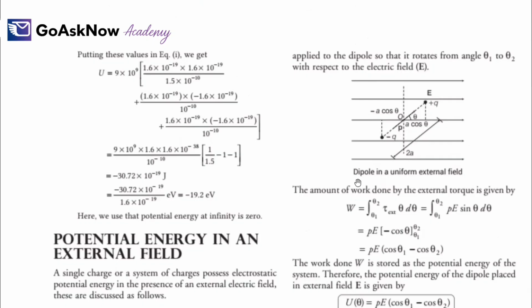If an electric field is applied here, it acts on the dipole so that it rotates from angle theta 1 to theta 2 with respect to the electric field.